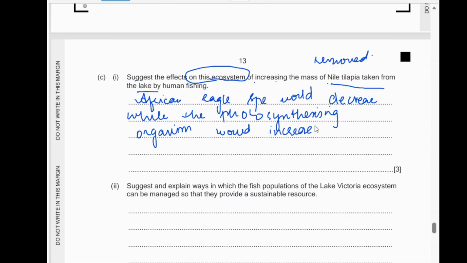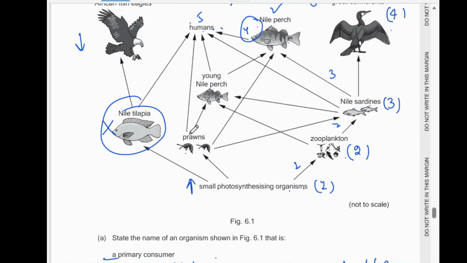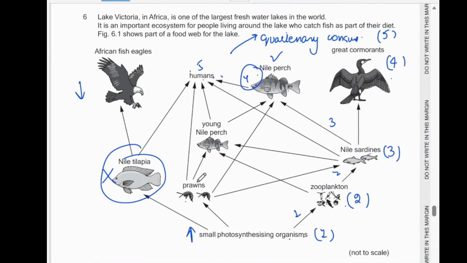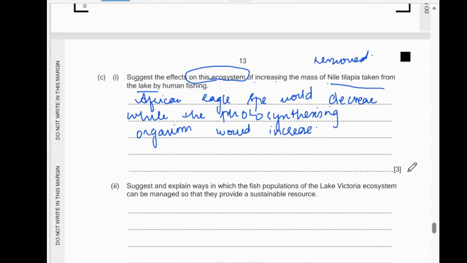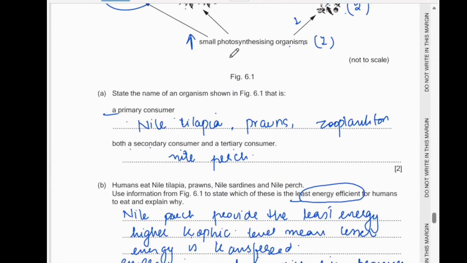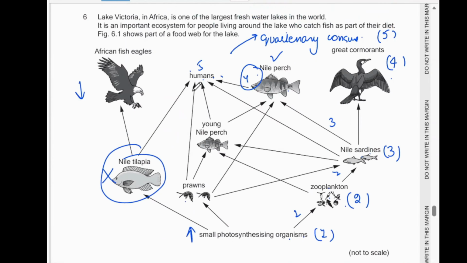Okay. Is there any other effect? We have written that it would decrease. Okay. What else is feeding on Nile tilapia?